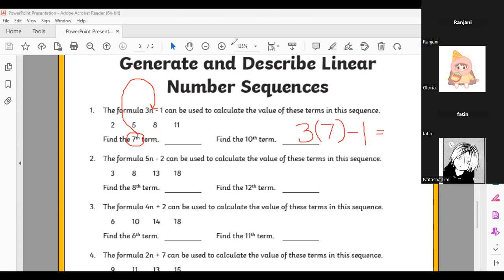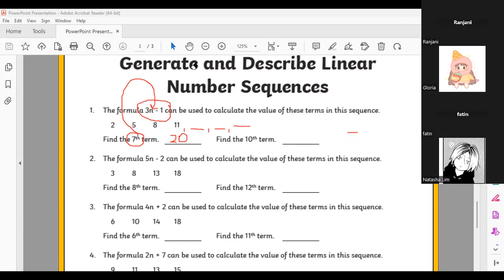Quickly, quickly. 3 times 7 in mental maths. Okay, good, 20. So your answer for the 7th term is 20. You see? You don't need to crack your head to find this all. Straight away use the formula. Makes life easy, isn't it? Okay, now let's go do this.